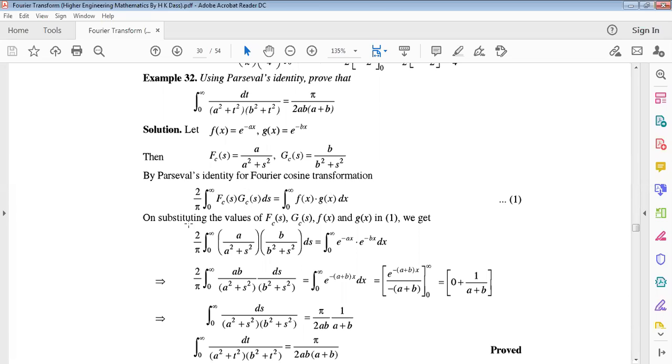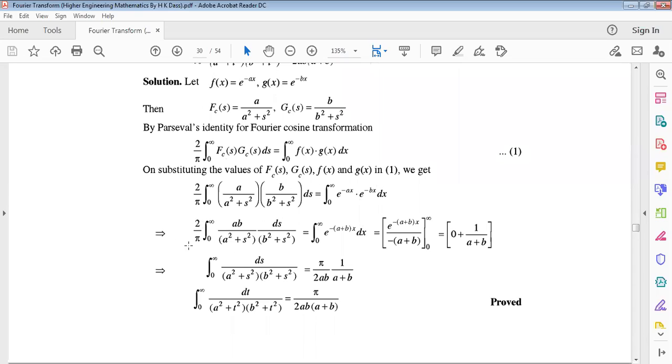Now substituting the values of F_c of s, the cosine transform of f of x, and G_c of s, the cosine transform of g of x, these four values, in equation one. 2 divided by pi, integral 0 to infinity, just the F_c values and G_c values, ds, equals integral 0 to infinity, just putting these two functions e to the power minus ax and e to the power minus bx in place of f of x and g of x.